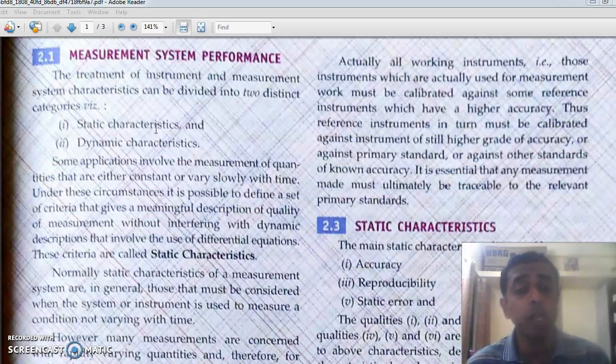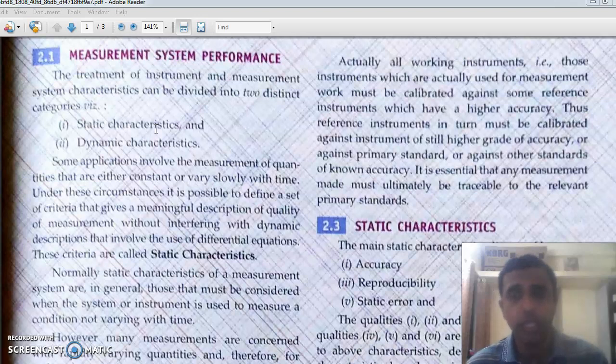There are many quantities which vary in a very fast manner with time. In such conditions there is another set of characteristics called dynamic characteristics, and they are described with differential equations. I hope you have learned about differential equations in the second semester. So these are the things we have to understand in the preliminary system performance.